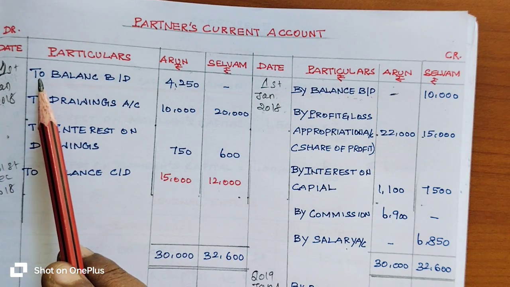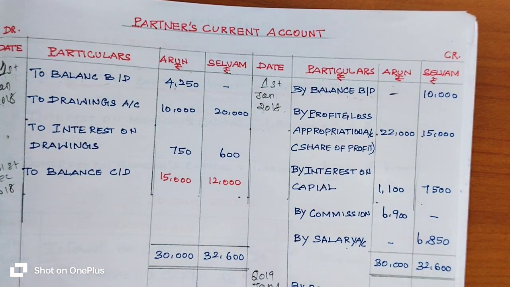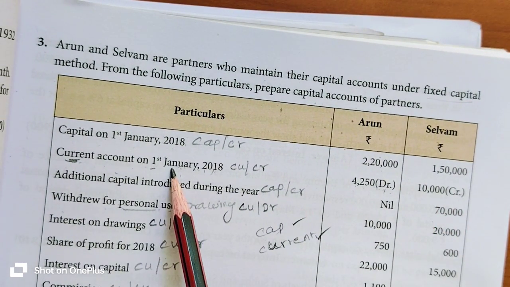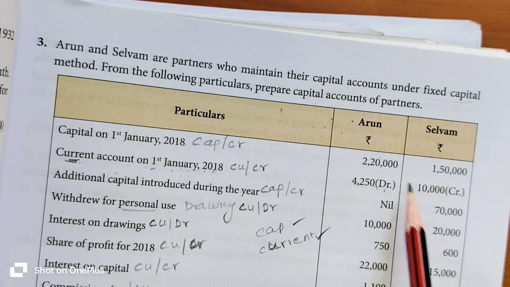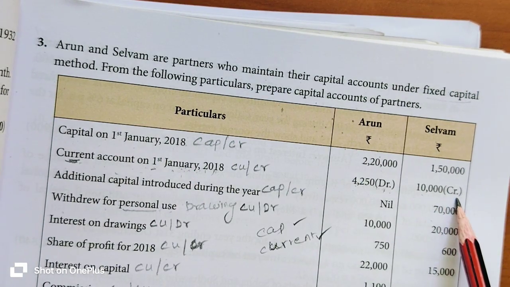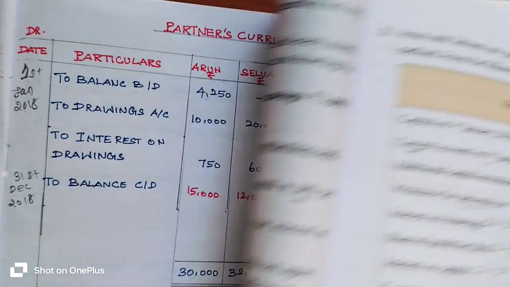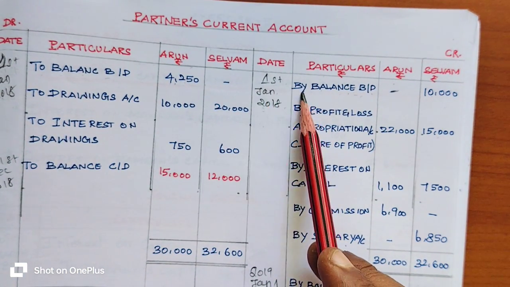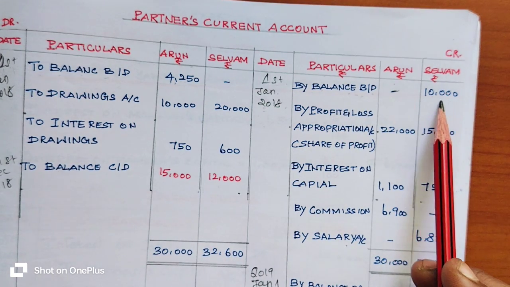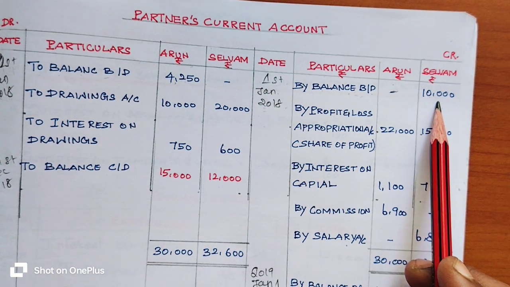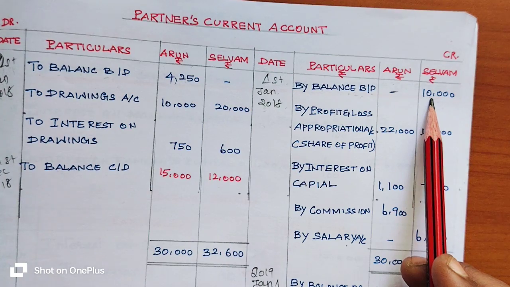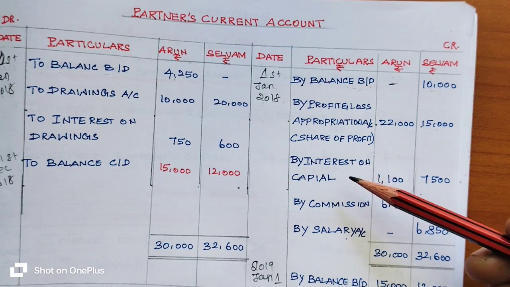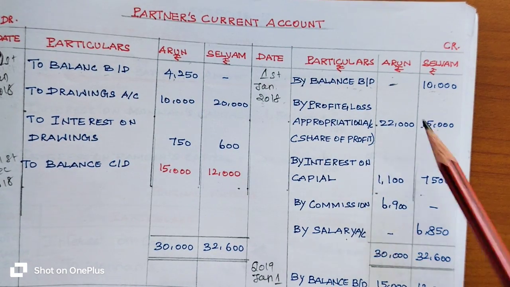On debit side, you have to write to balance brought down. Then Selvam's current account on 1st January 2018, opening balance of the current account is 10,000 rupees. You have to enter it on credit side. So you go to credit side, write the date 1st January 2018 by balance brought down, Selvam's current account opening balance 10,000 rupees is entered. Then the rest of the transactions you have to enter as per the format.